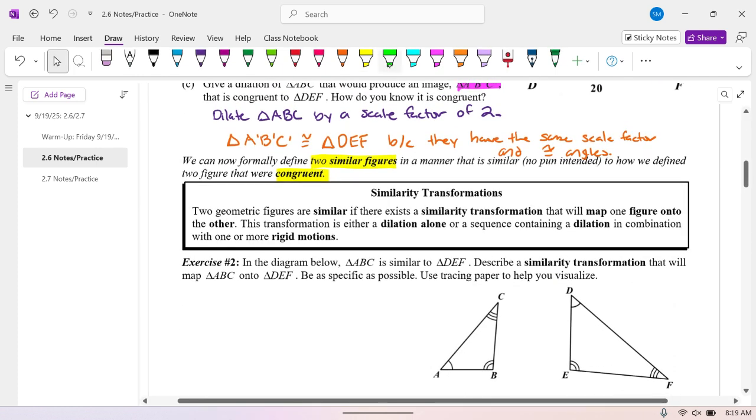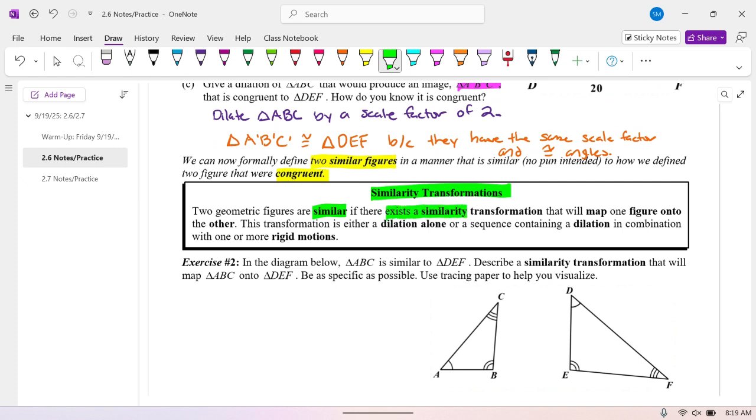So if we're talking about a similarity transformation, two geometric figures are similar if there exists a similarity transformation that will map one figure onto the other. So this transformation is either a dilation alone or a sequence containing a dilation in combination with more rigid motions.